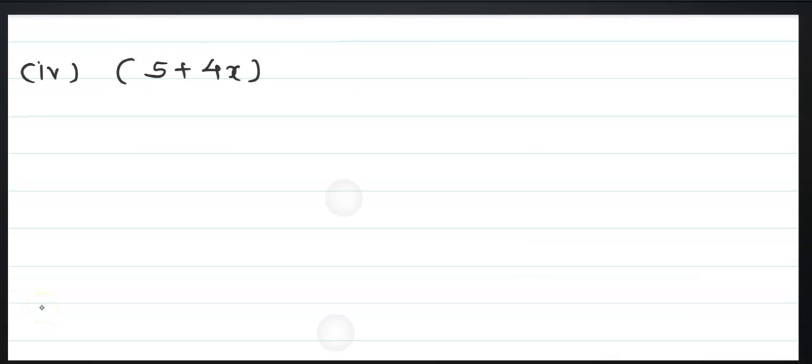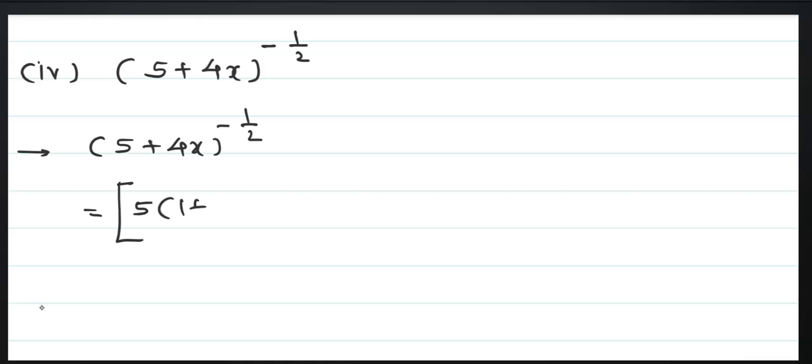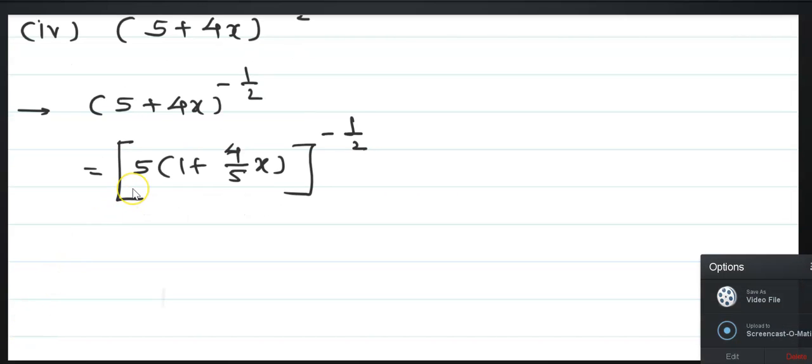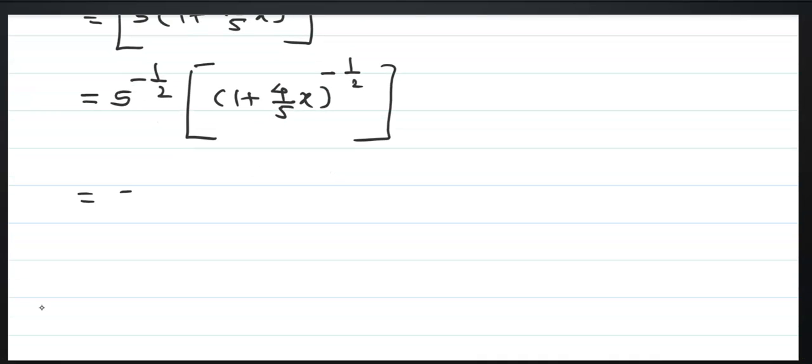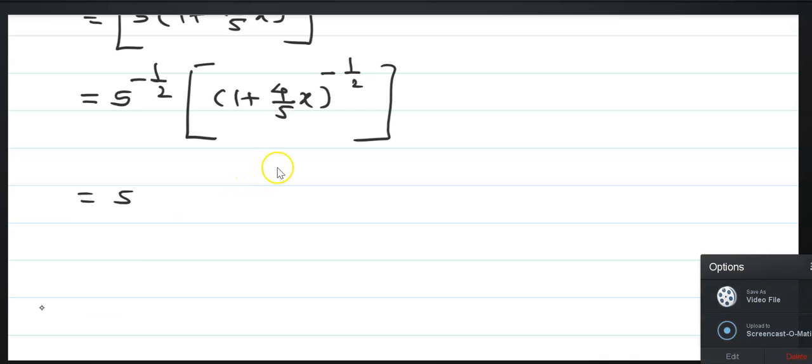Now the fourth one: (5 plus 4x) raised to minus 1 upon 2. Now here we will take 5 as common, and in this way, as you take 5, then in the bracket you get (1 plus 4x upon 5) raised to minus 1 upon 2. That is 5 raised to minus 1 upon 2, (1 plus 4x) raised to minus 1 upon 2.